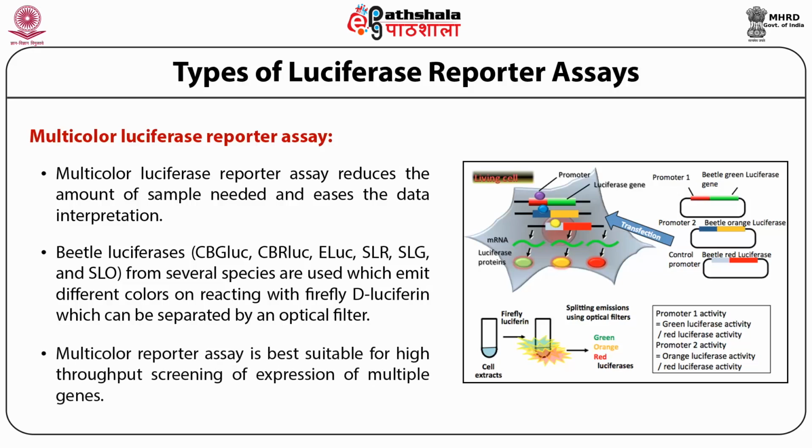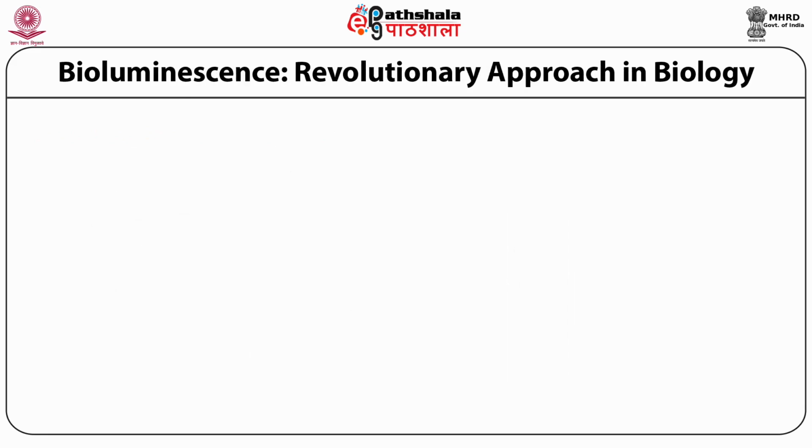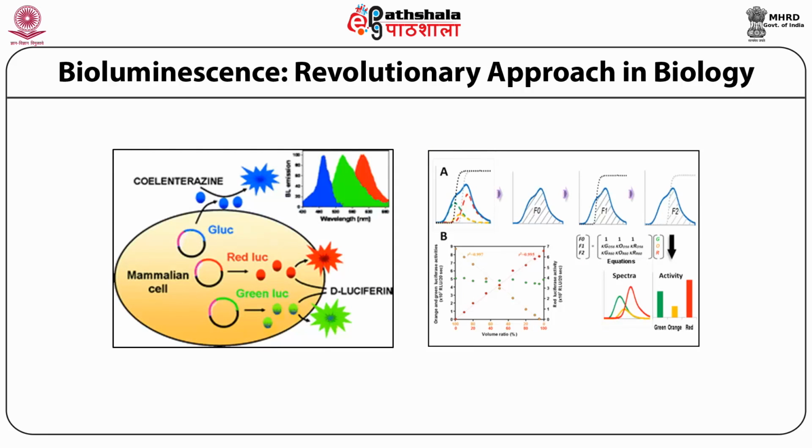And then the multicolor reporter assay is best suited for the high-throughput screening of the expression of multiple genes. You can see here in the figure how this assay is performed. It's simply showing the bioluminescence phenomena where different types of luciferase produce different colors and can be used to estimate different kinds of biological activity.